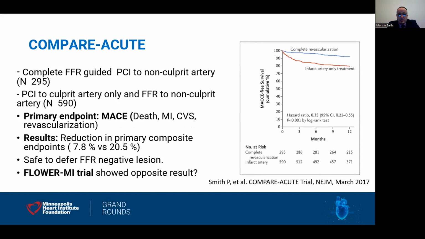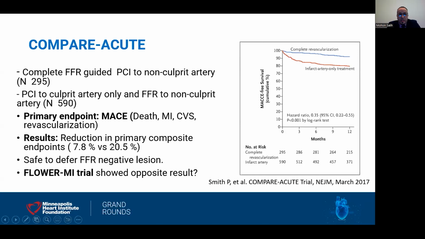So after that, the trial came in to answer this question, to see whether PCI for the non-culprit artery, compared to the group that was treated for the culprit only, would show a similar FFR in the non-culprit lesion in those patients or not.